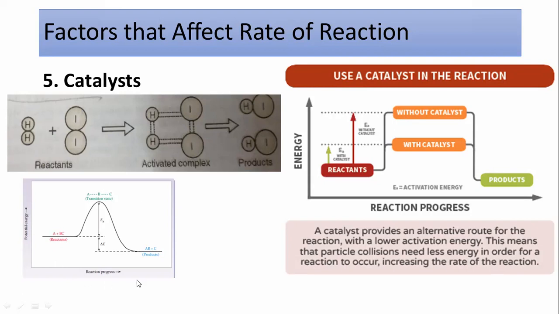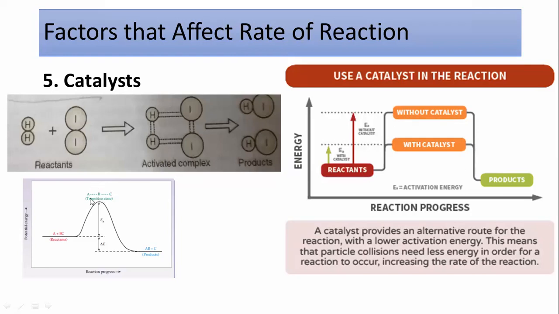So this is very briefly written over here. This is the reactant, and when you provide the energy, intermediate bonds are formed. This is one molecule A, and B, C is another molecule. So there is an intermediate bond between A and B, and the bond is going to be weakened between B and C, and this is called the transition state, or you can also call it the activated state.